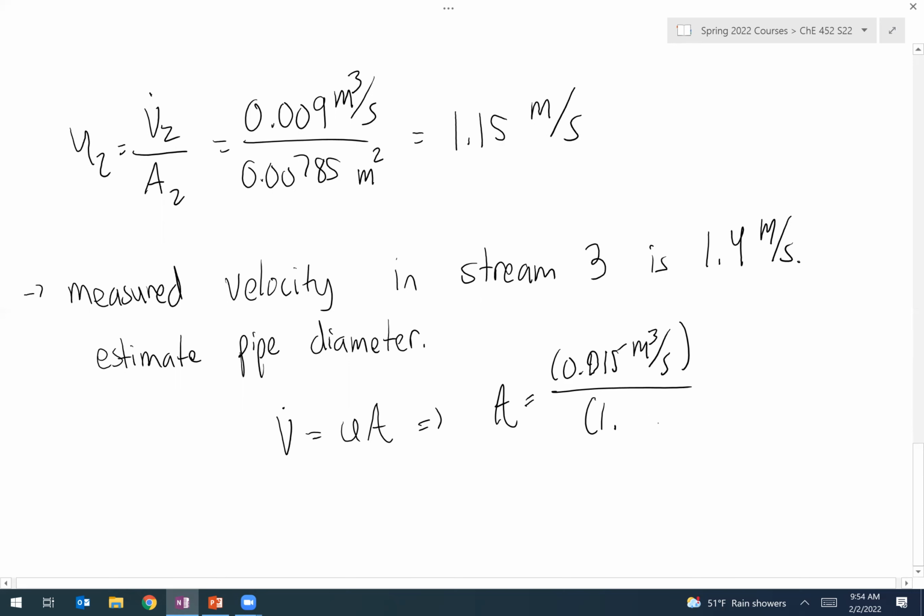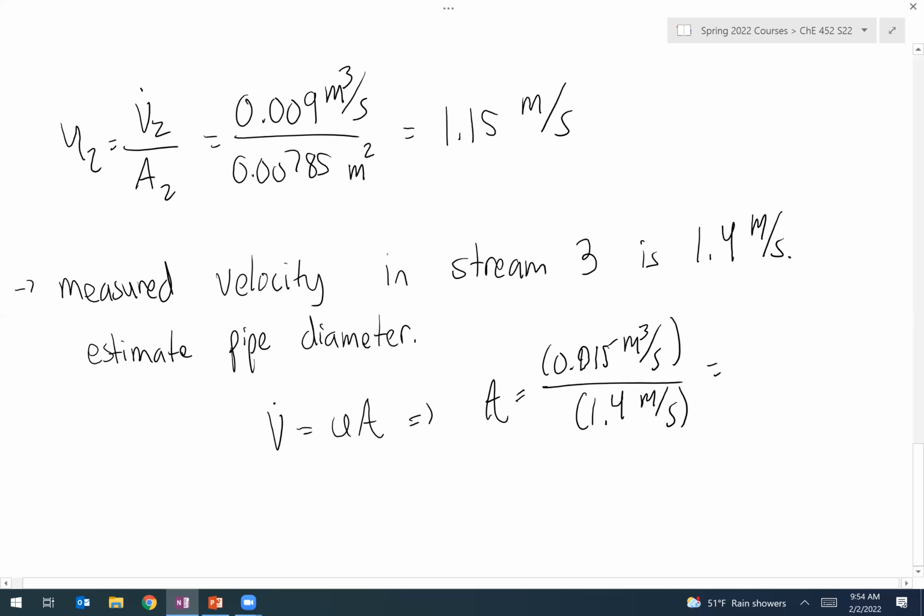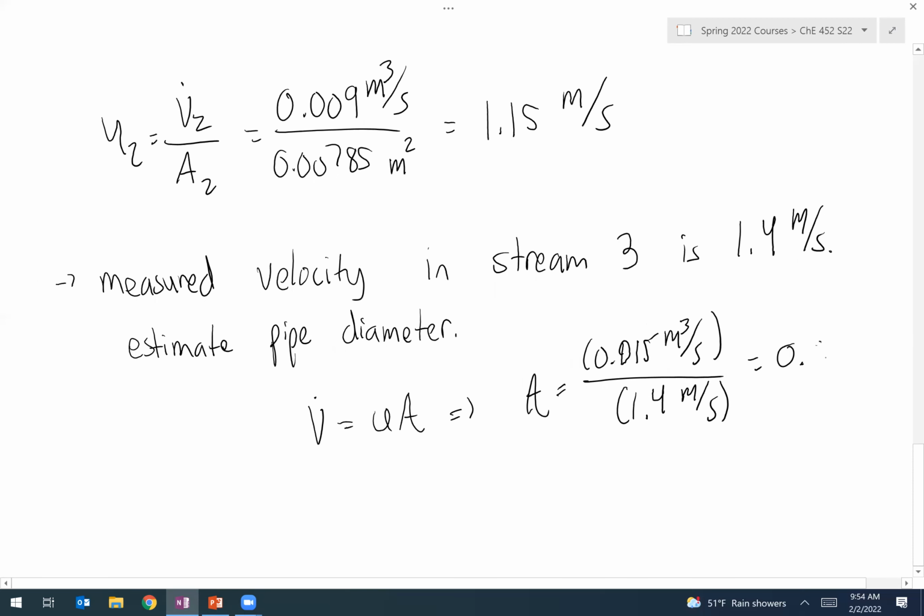Ugh, my hand can't do it today. I'll do that math really quick. And I get a value of about 0.0107 square meters.